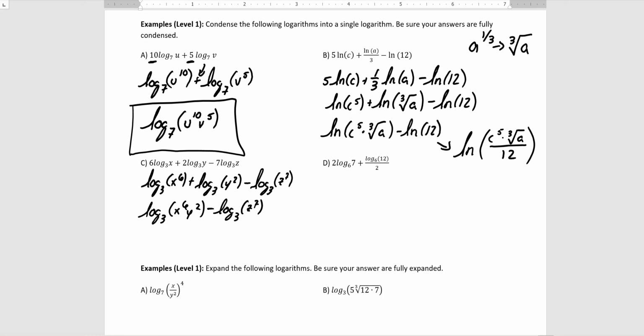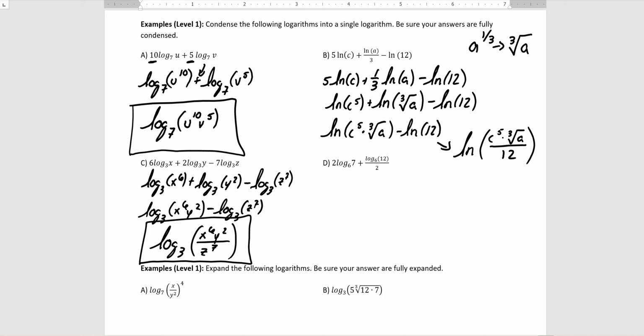If I am subtracting logs, I can be dividing the argument. So log base 3 of x to the 6th y squared divided by z to the 7th. And that right there would be my final answer. So that's letter C.